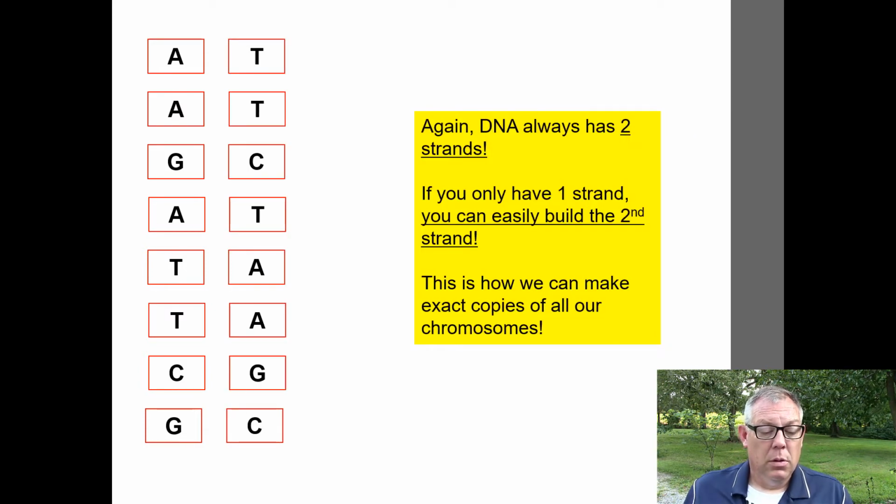And so DNA always has two strands. And so if we were copying this DNA, we would have the complementary strand, and you see how the nucleotides are paired up, right? If you only have one strand, you can easily build the second strand, and that's how you can make exact copies of your chromosomes, what we've been talking about.